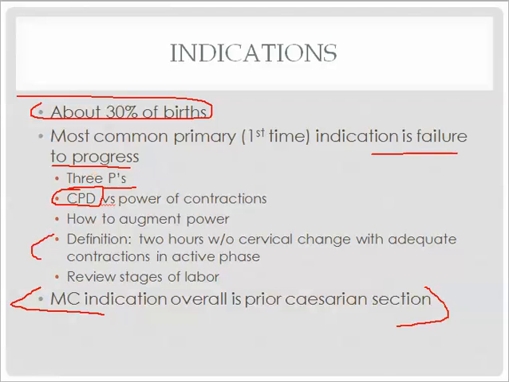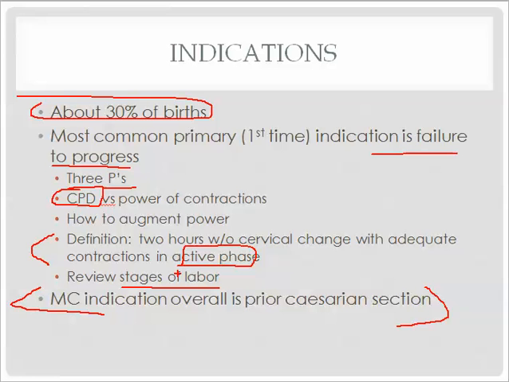And so the definition of failure to progress is 2 hours without cervical change, with adequate contractions in the active phase of labor. So let's just quickly go over the stages of labor. What's stage 1? That's from the onset of labor to full dilation, so to 10 centimeters. You divide the first stage of labor into two phases: the active phase and the latent phase.